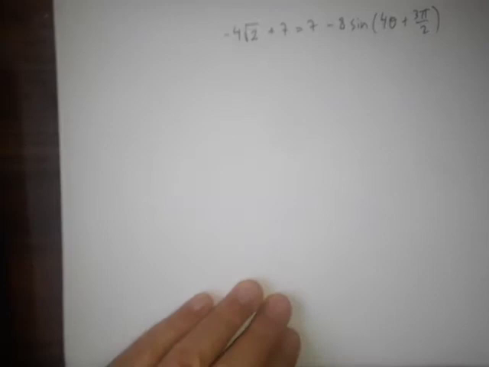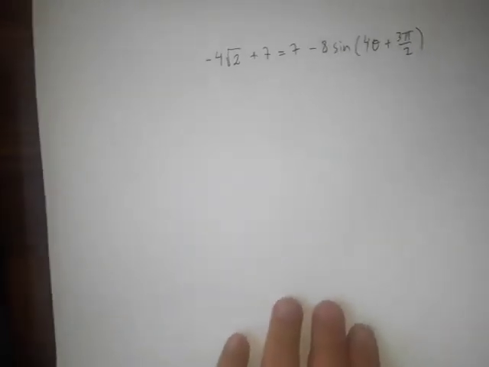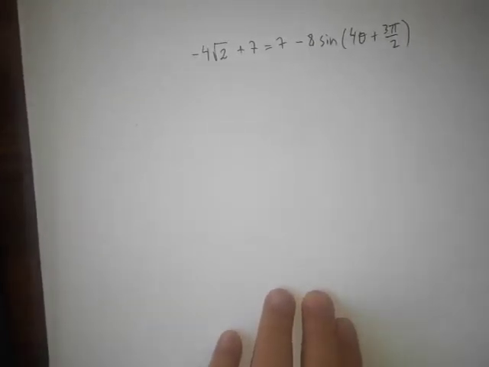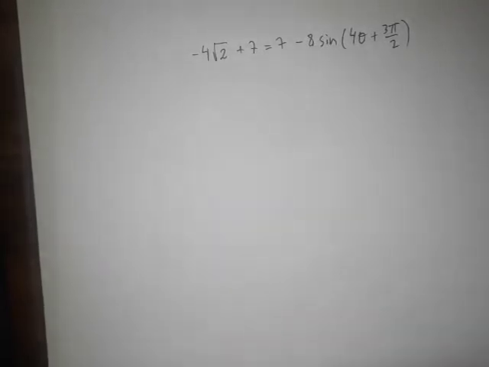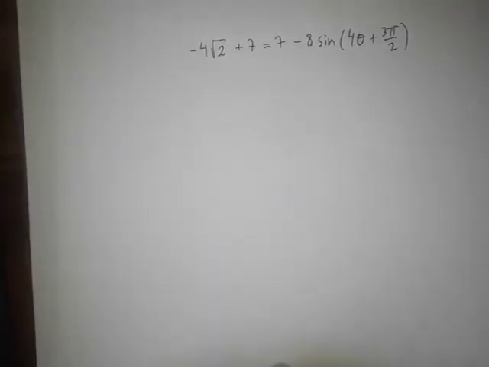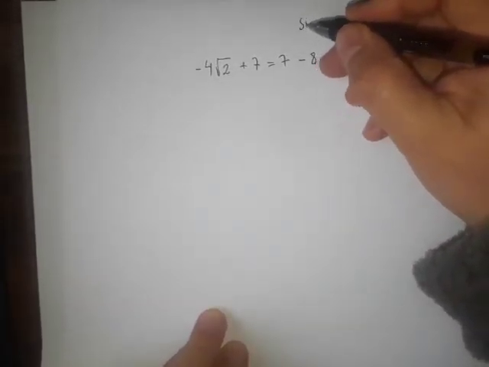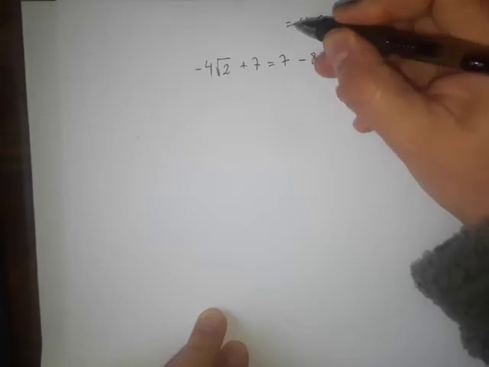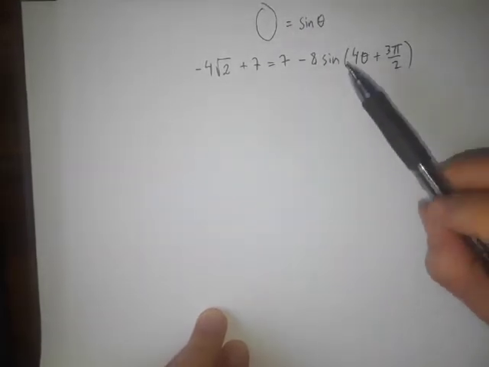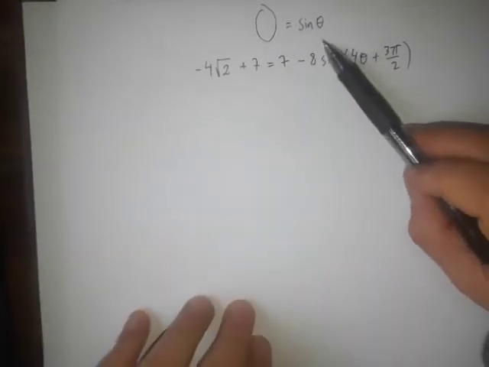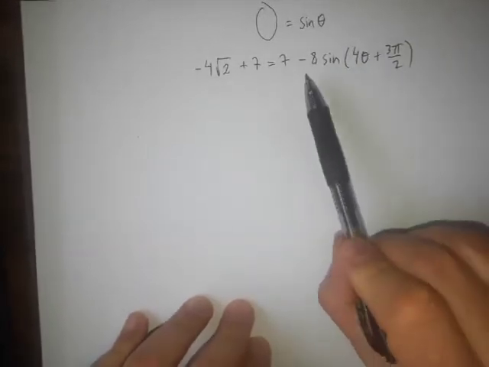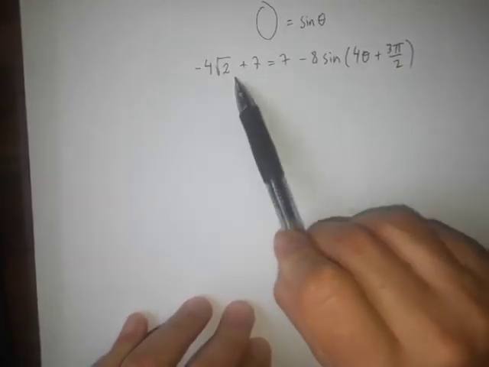Okay, now as we have been doing before, what can we do to both sides to get rid of stuff? Because we have to end up with something like sine of theta equals something. That means that all this stuff here has to go to the other side.